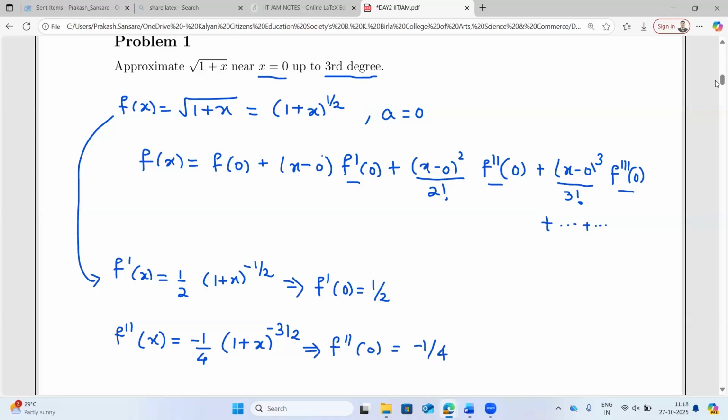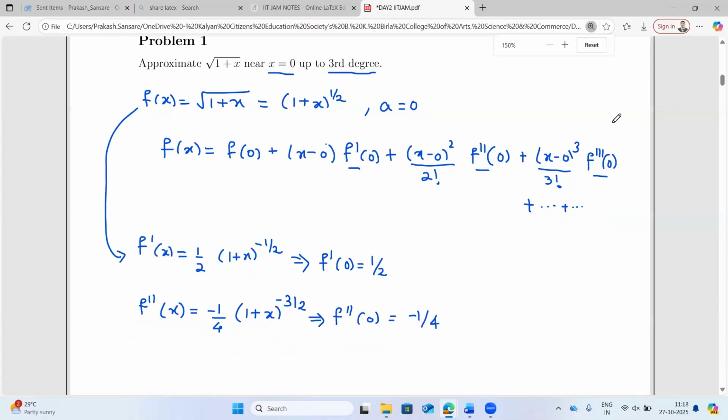Now let me calculate f triple dash at x, which is equal to plus 3 by 8 times 1 plus x power minus 5 upon 2. This would imply f triple dash at 0 is equal to 3 by 8. Now let's substitute these values in this formula.